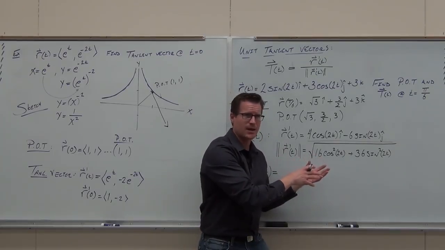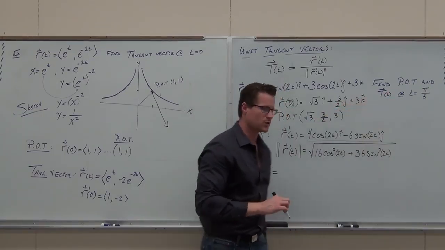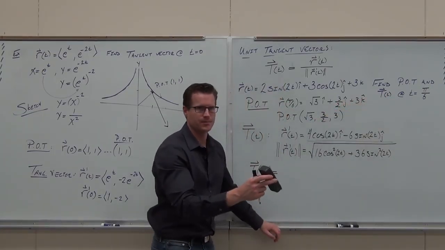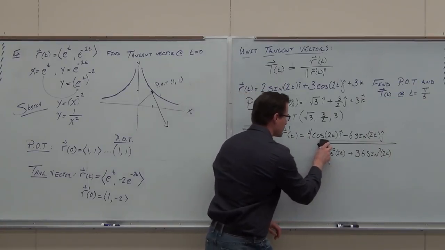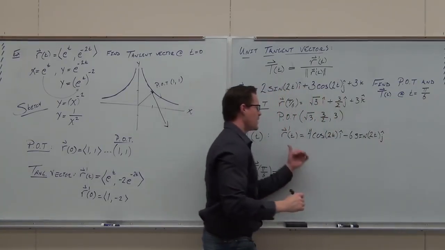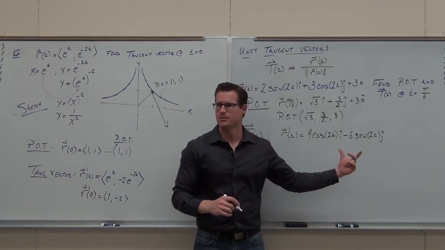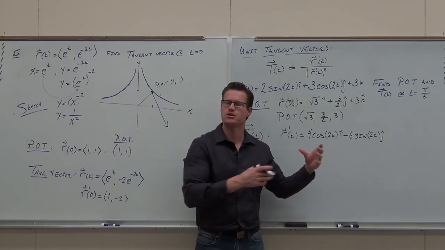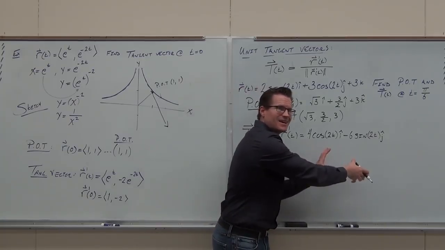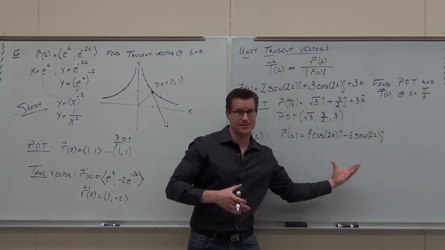If you know that you're finding the unit tangent vector at a certain value, you can plug in pi over 6 here and find the magnitude of just that vector. That saves you the work of having the nastiness. If you don't have a specific value of t, then you have to have the nastiness.